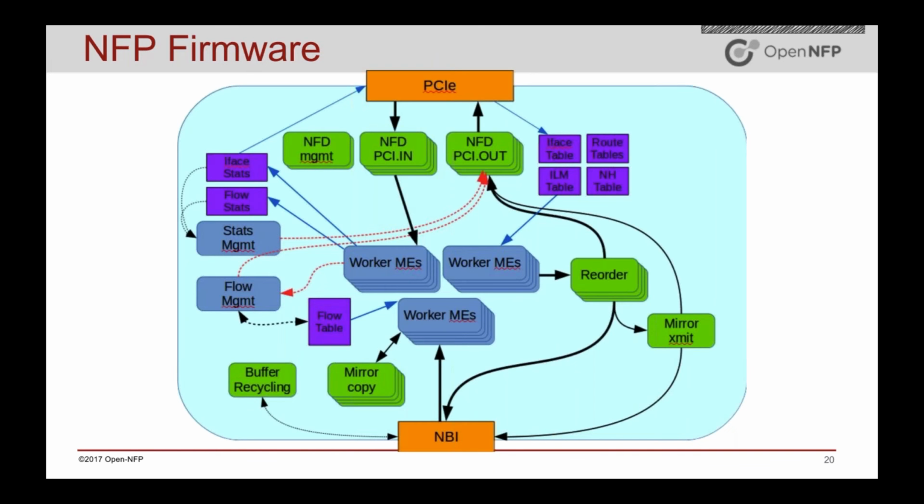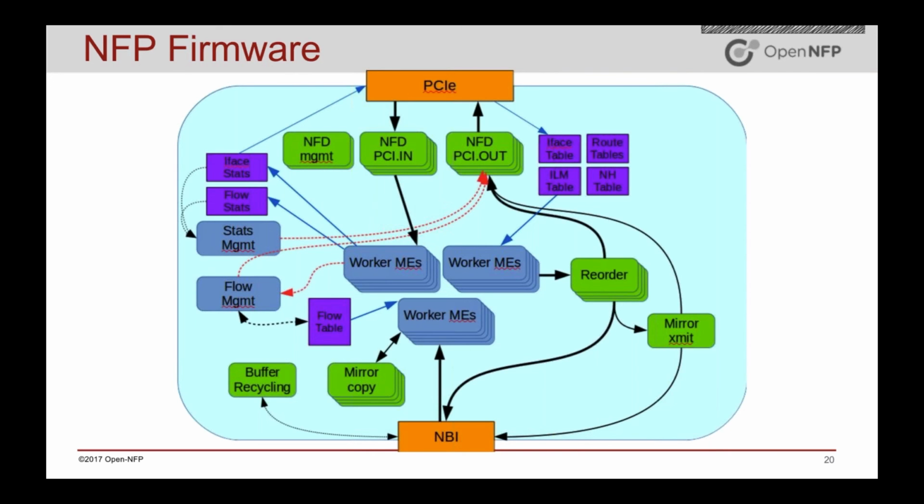So now let's move down to the NFP side of the software. On the NFP side, we architected our software in a way that we hope to maximize the CPU usage for the most common case, which is the packet processing.